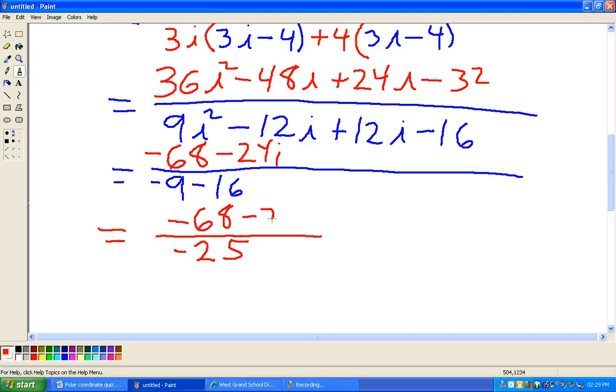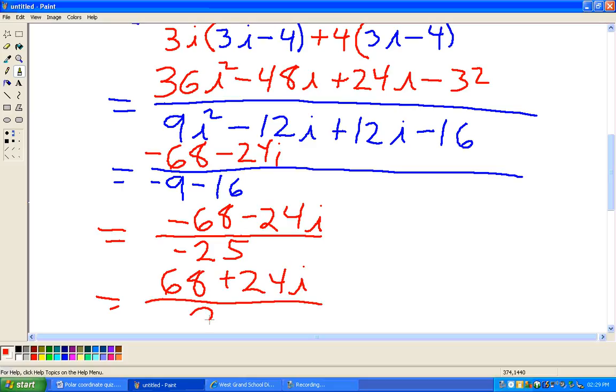Would you notice there's a negative here and a negative here? So this is going to simplify. Because everything's negative, you're like, bam, positive. I brought the negative to the front, and then that negative and that negative made it positive.